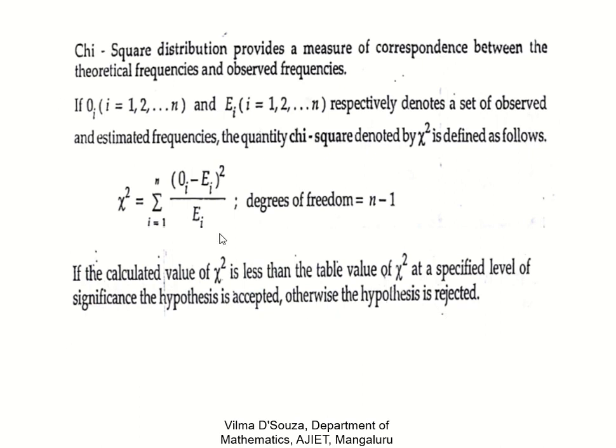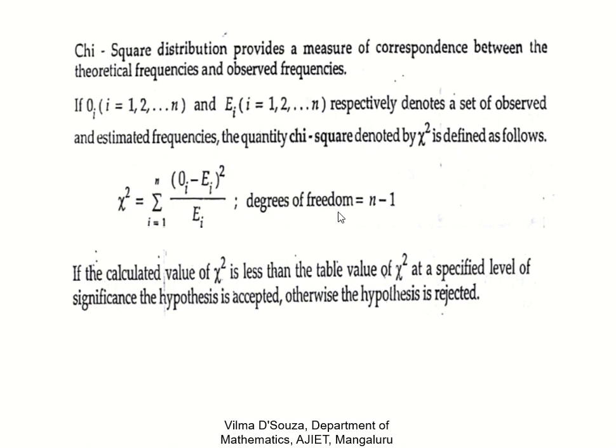As you have done in the Student's t-distribution, here also testing the hypothesis is in a similar manner. If the calculated value of chi-square, that is the value you get by applying this formula, is less than the table value of chi-square, you have a chi-square table again. Most of the time that value will be given in the problem itself.